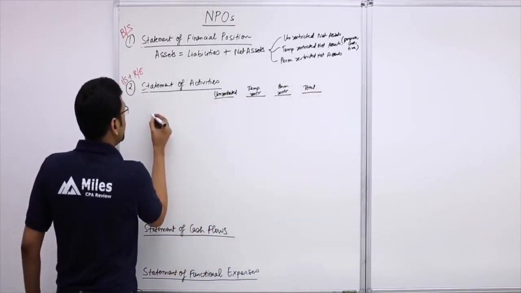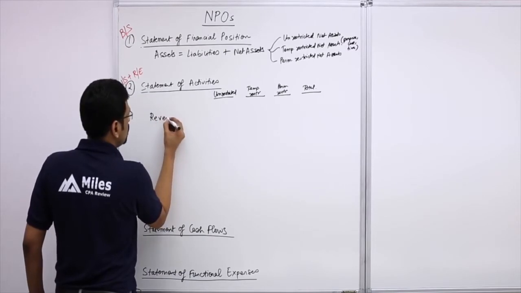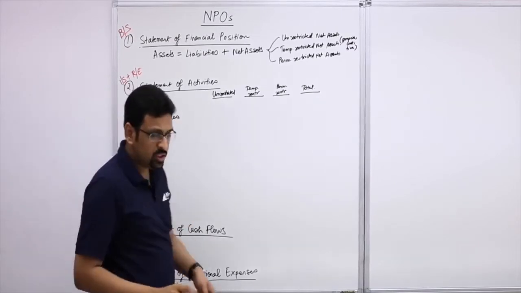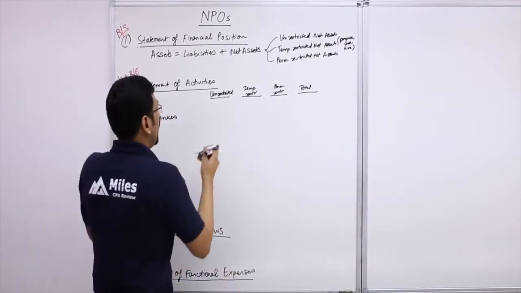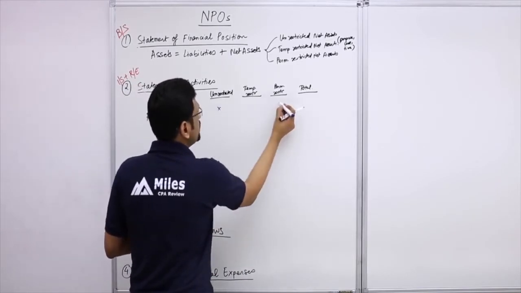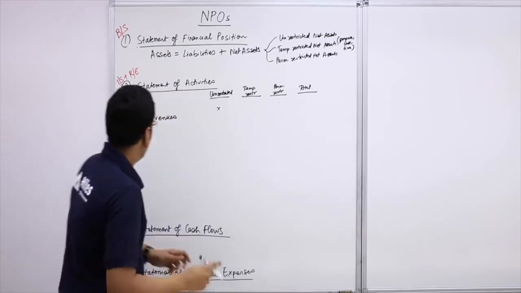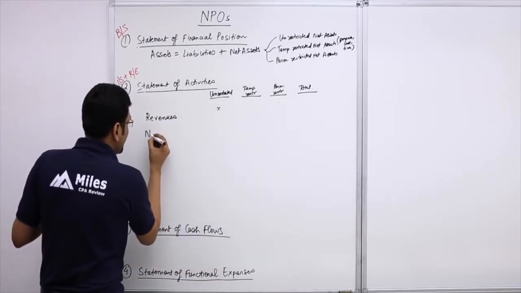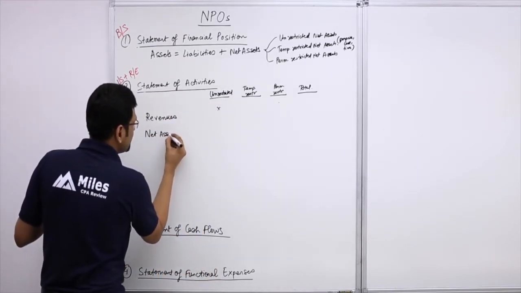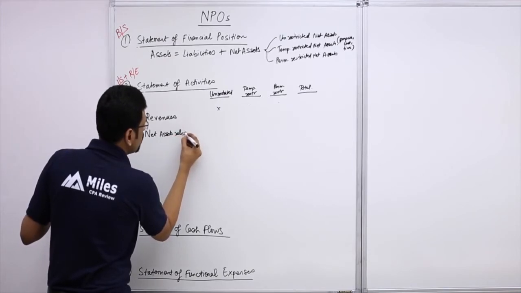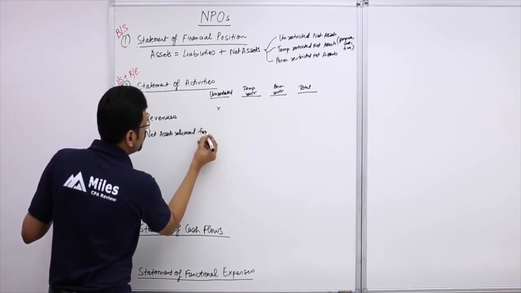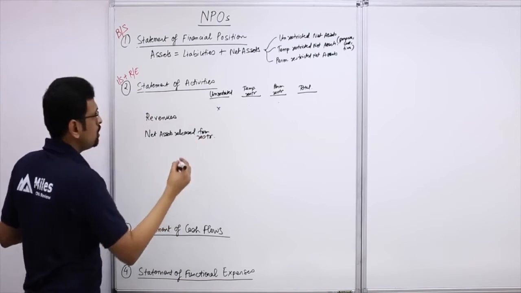So let's say when they're getting in revenues, as I told you, these revenues could be unrestricted, they could be temporarily restricted, they could be permanently restricted. Then they would have net assets released from restrictions.